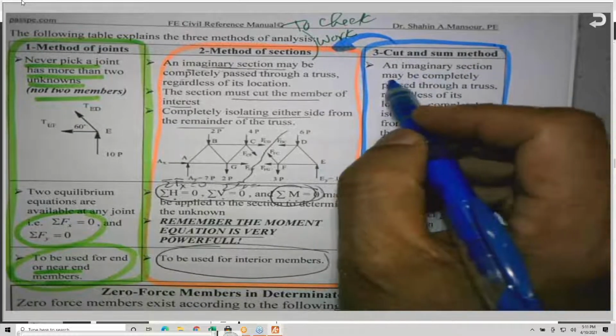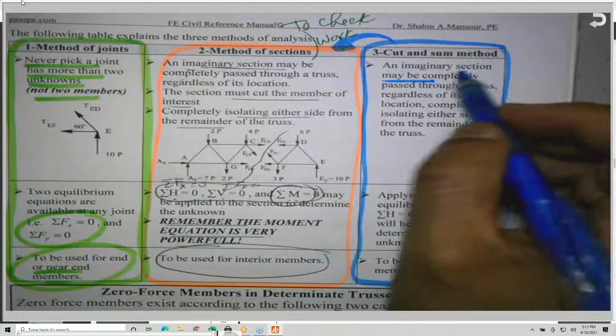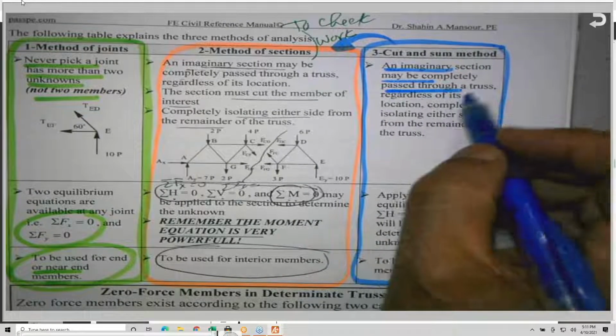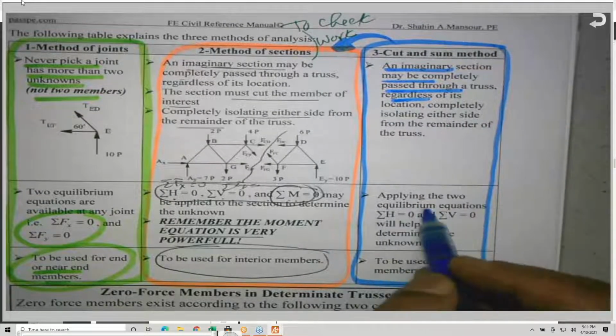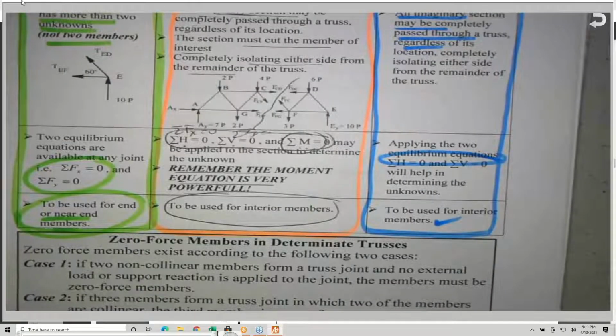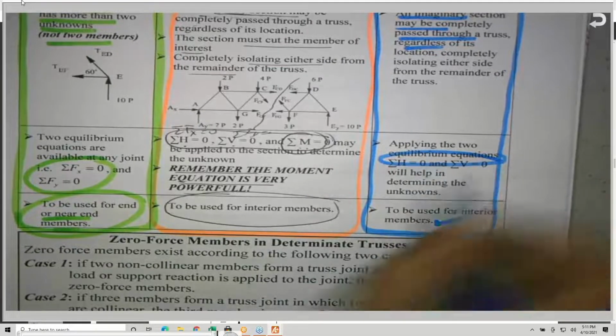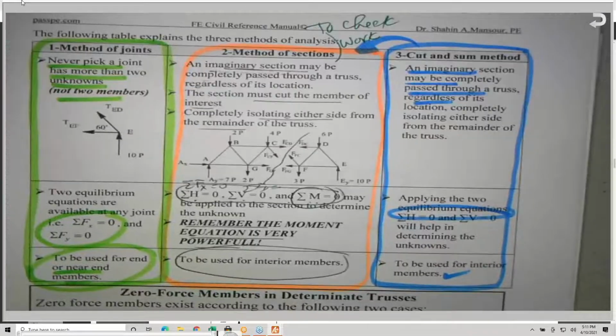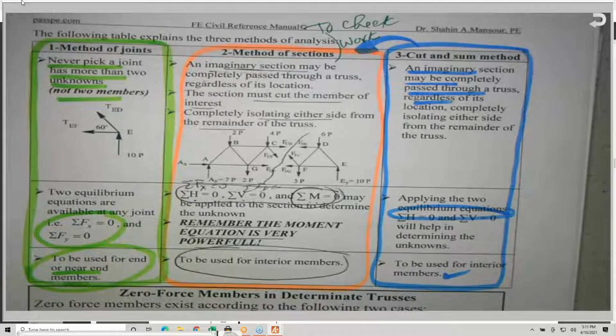An imaginary section, I will answer you in just a minute, one of you is raising a hand. The section may completely pass through a truss, and after that I apply the horizontal and vertical. So I cut the truss, and after that I sum forces in the X direction and Y direction, or horizontal and vertical. Those are the methods of analysis as far as statically determinate.